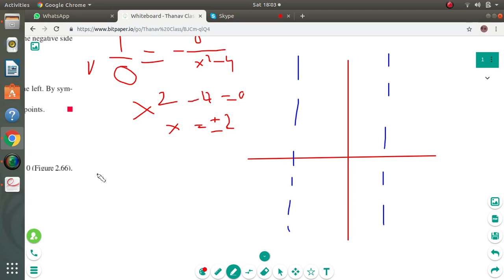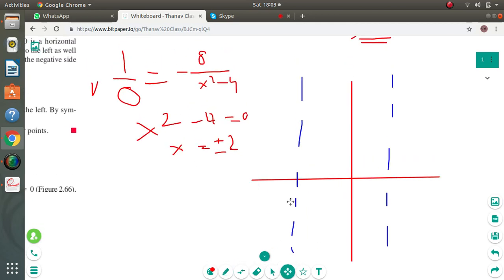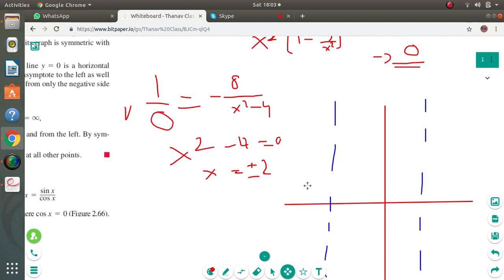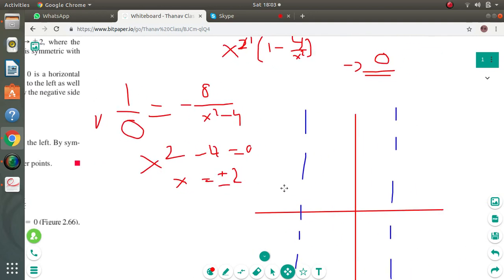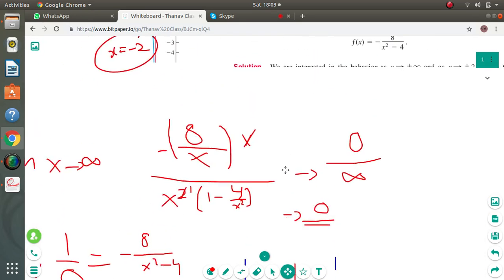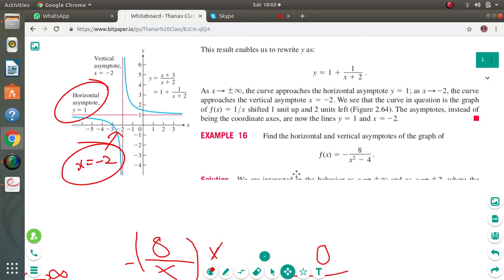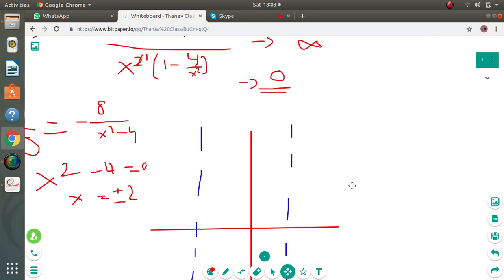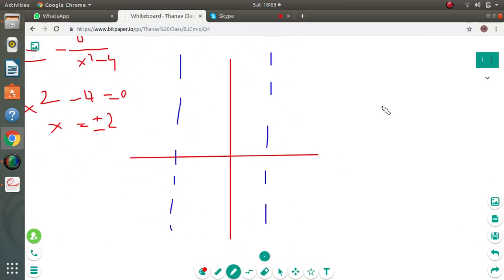See, for this one, what is the graph? I mean, the function here we have f(x) equals minus 8 by x square minus 4, right? So minus 8 by here we have x square minus 4. So let's take x equal to 0.